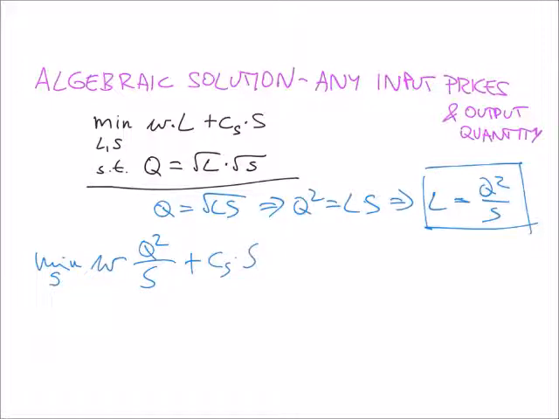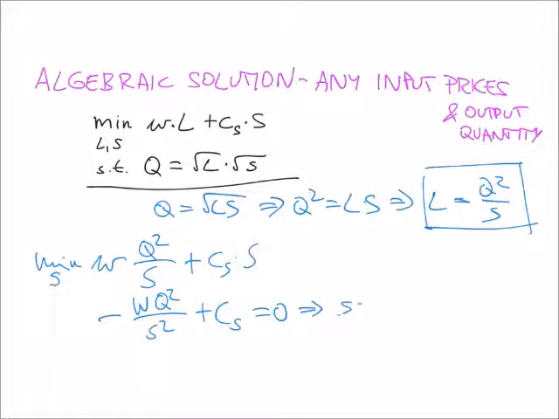So what's the derivative with respect to S? We have S to the minus 1, so we get a negative sign, and then W Q squared over S squared, exactly, plus CS. And that should equal 0. So S should be equal to Q times the square root of W over CS.